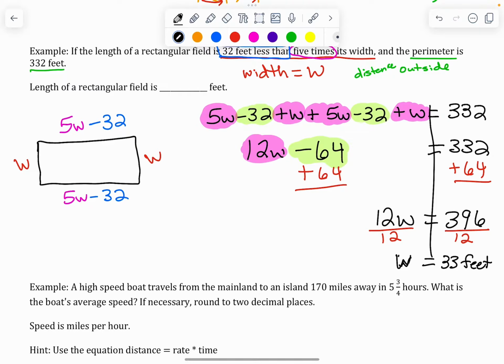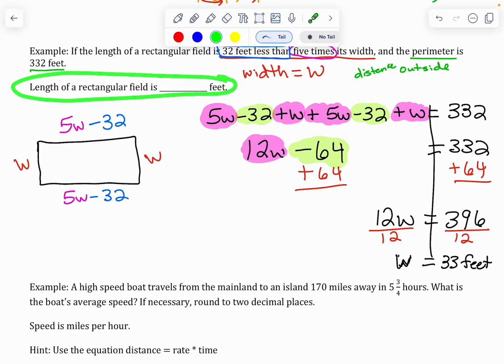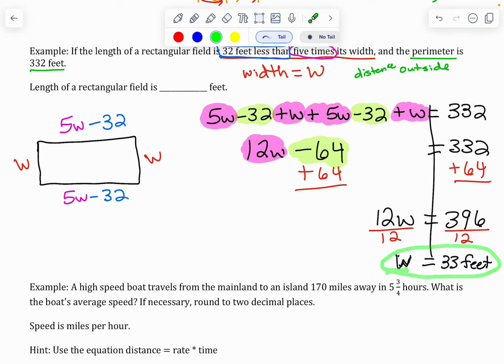Now, the question asks us to find the length. We found the width, so now we need to take that W, come back over here, and plug it into the length.